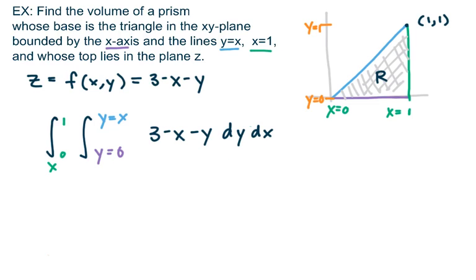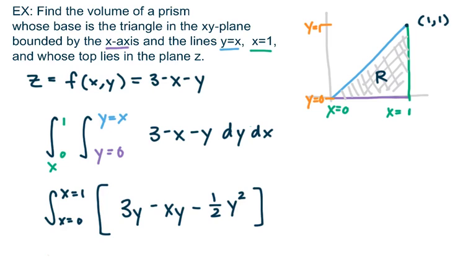Okay, so integrating with respect to y, this is a constant, becomes 3y, negative xy, and negative y squared over 2. So I have x equals 0, x equals 1. And integrating that, I've got 3y minus xy minus 1/2 y squared.